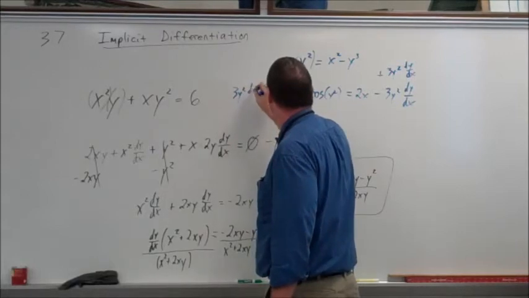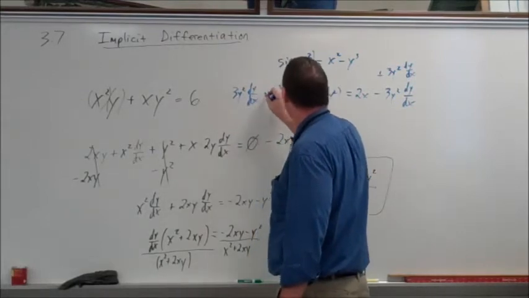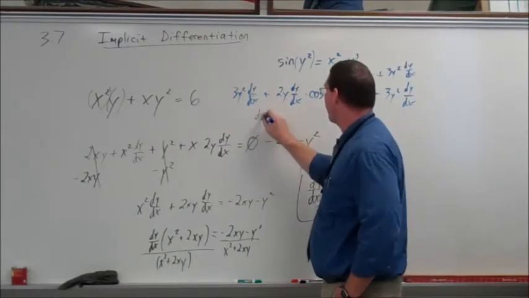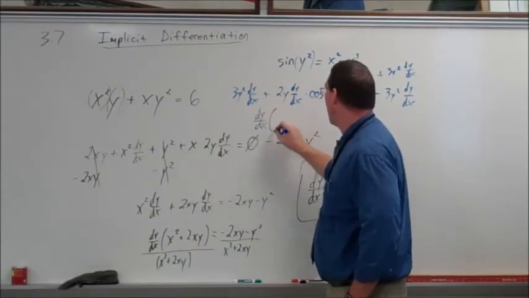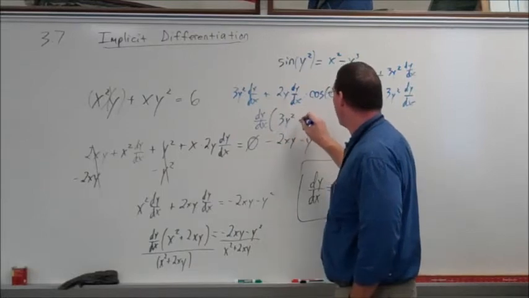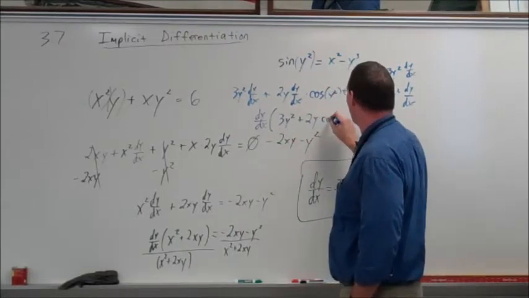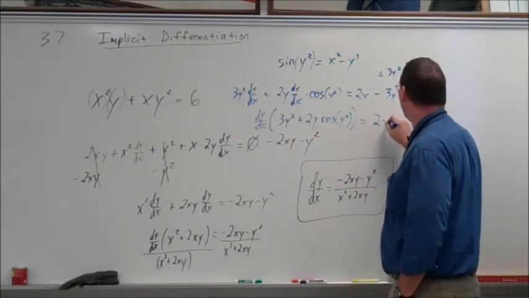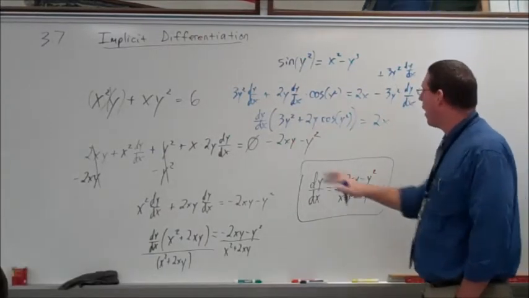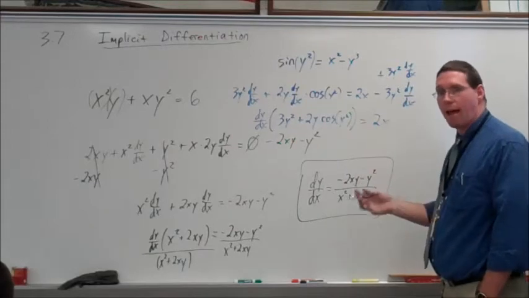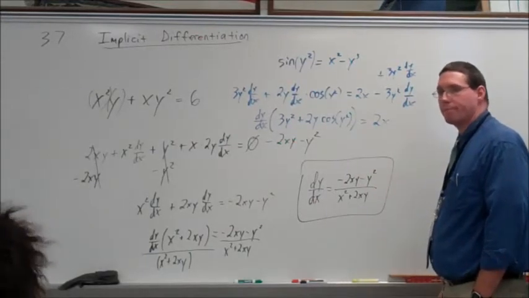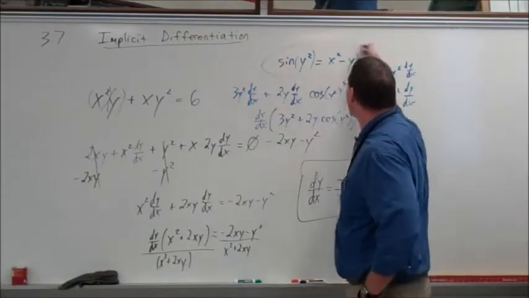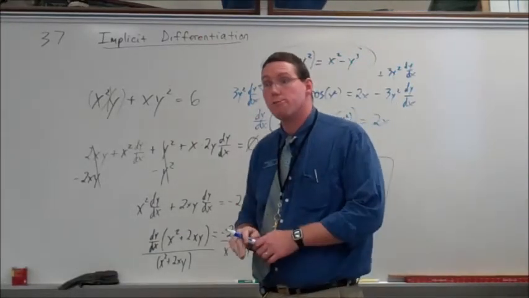Now I'm going to factor out a dy/dx: dy/dx times 3y squared plus 2y cosine of y squared equals 2x. Now all I have to do is divide by this, and I have my answer. That is the slope of this insanely crazy relation.